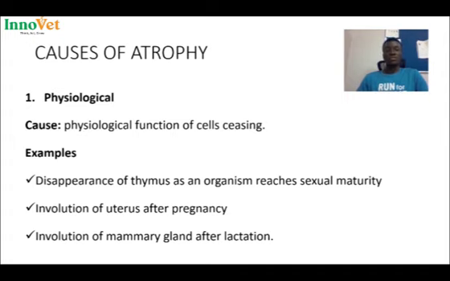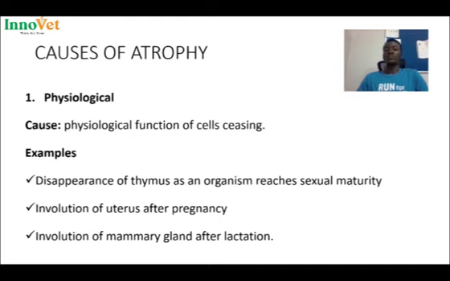Now, one cause is the physiological causes. Here, the cause is the cessation of the physiological function of the cells. An example I can give is the decrease in the size of the thymus gland when an animal reaches sexual maturity. Then also the involution of the uterus after pregnancy.